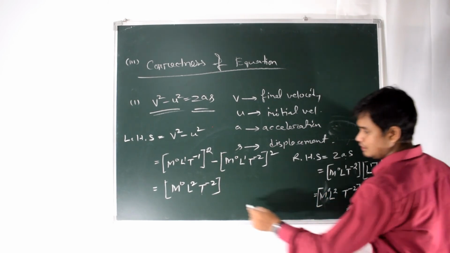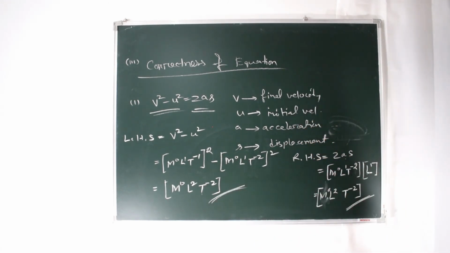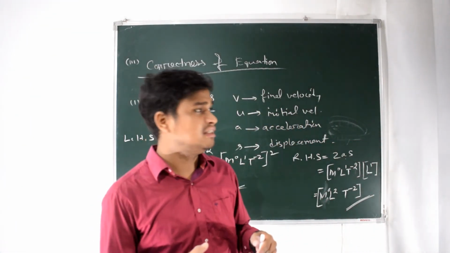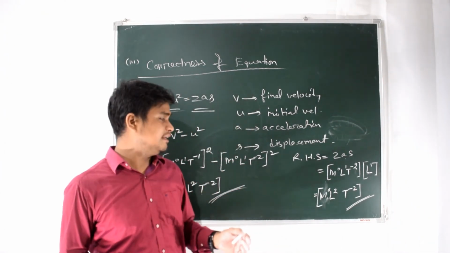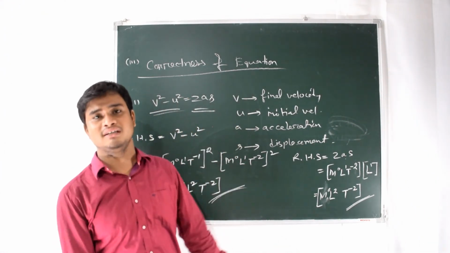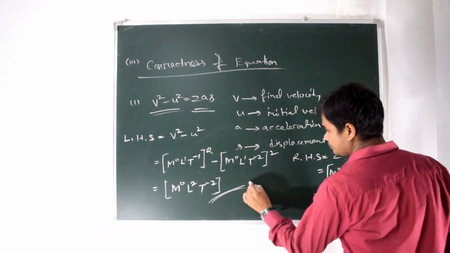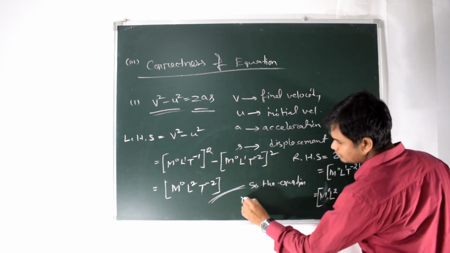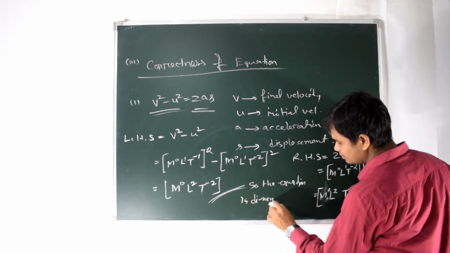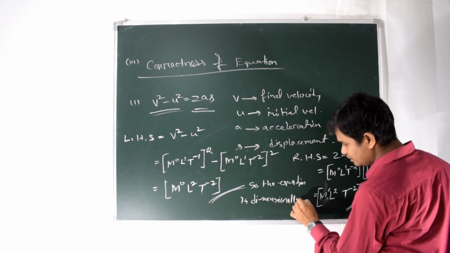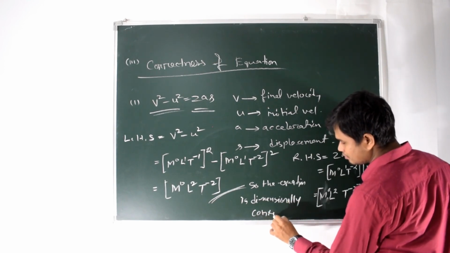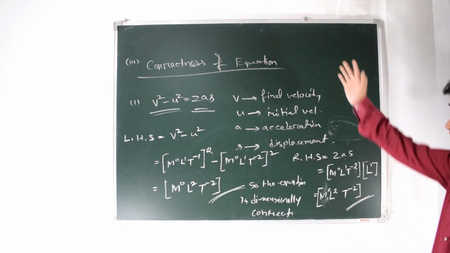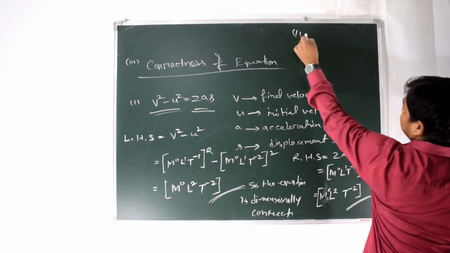So this dimension and this dimension are equal. If the left hand side and right hand side are dimensionally equal, then we can say the equation is dimensionally correct. Good.